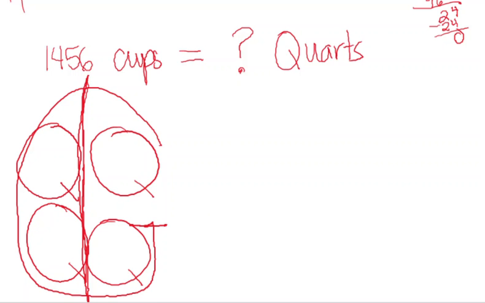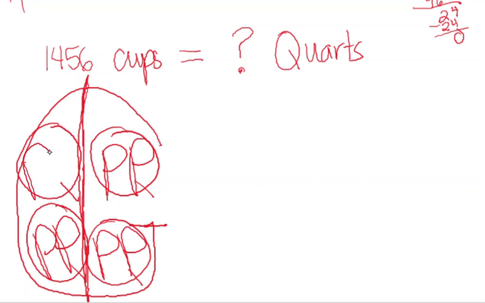So that makes 4 quarts in 1 gallon because there are 2 quarts in each half. Every time I move down, I use 2. In each quart, there are 2 pints. So I'm going to put 2 P's in each Q to represent 2 pints in each quart.